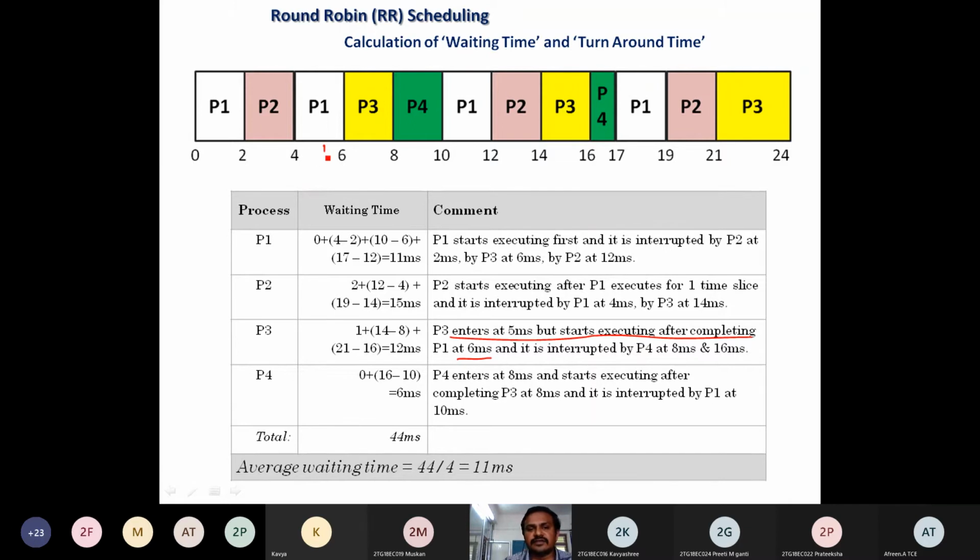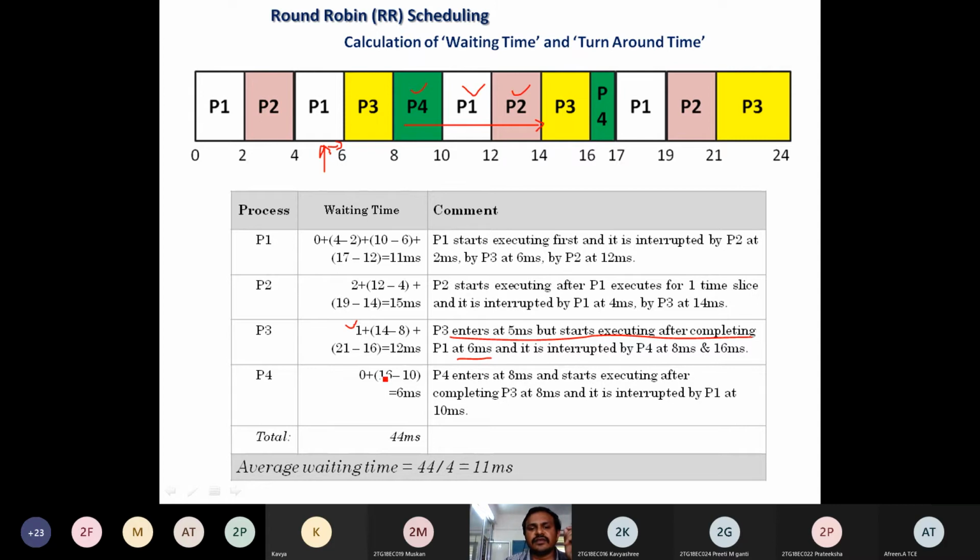P3 entered at the 5th millisecond, but it waited for a minimum of 1 millisecond for P1 to complete. So it is 6 minus 5, that is 1 millisecond. This is the answer. Then after P3, when its next turn comes, it waits for that many time slices for completion of P4, P1 and P2.